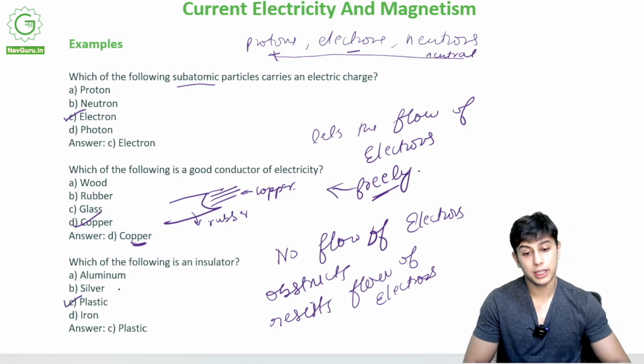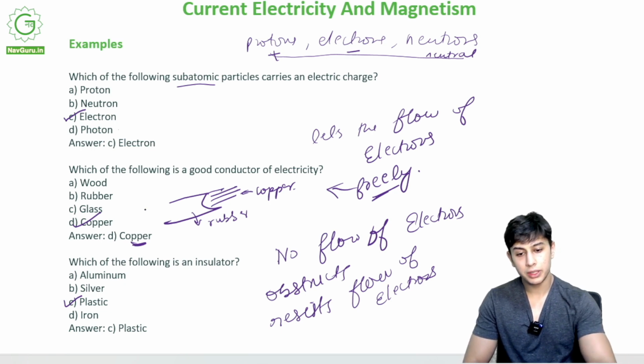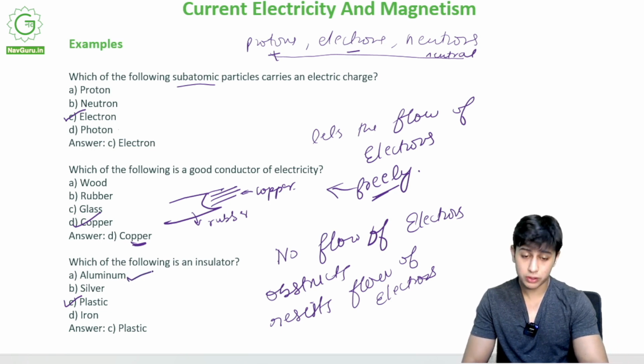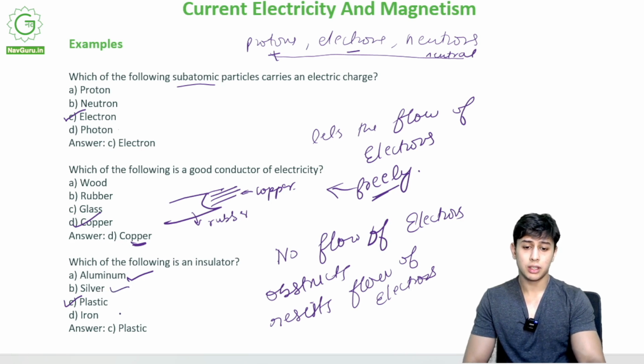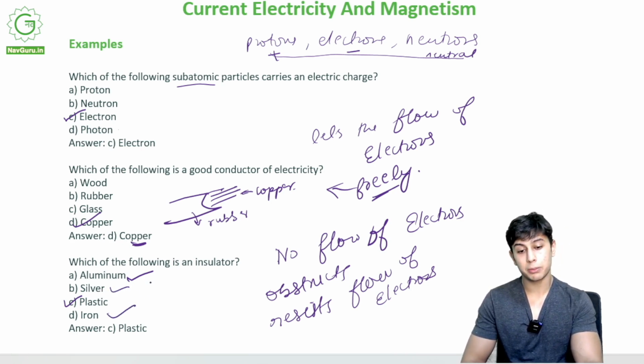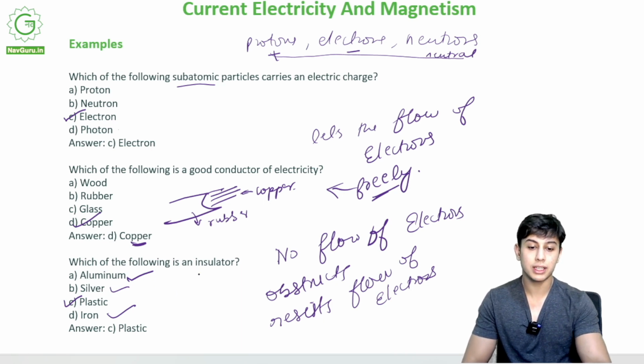Plastic does not let electrons flow freely, so always remember this. Aluminium is a metal, it will of course allow. Silver, yes. Iron, yes. But to what extent will depend upon their resistances.